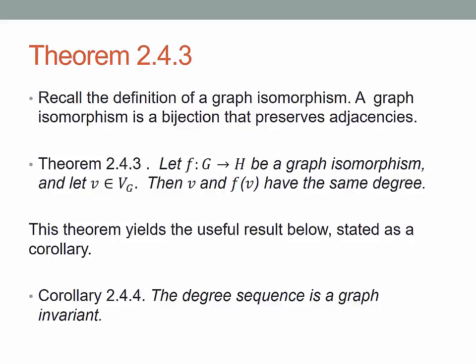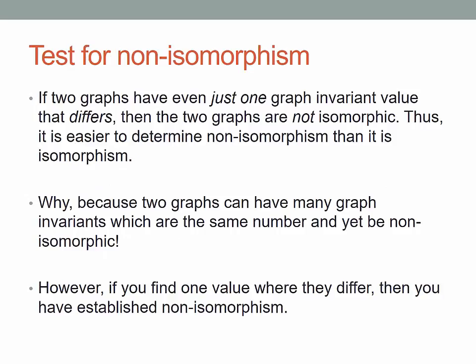Since this is true for every vertex, we have Corollary 2.4.4: the degree sequence is a graph invariant. Now recall that we were wanting to find a way to verify that two graphs are not isomorphic. And if we can find just one graph invariant where they differ, then they're not isomorphic.